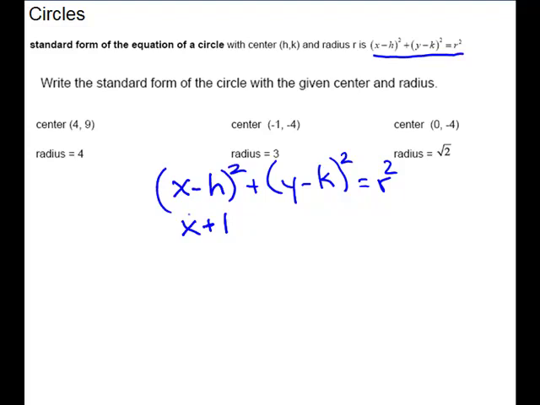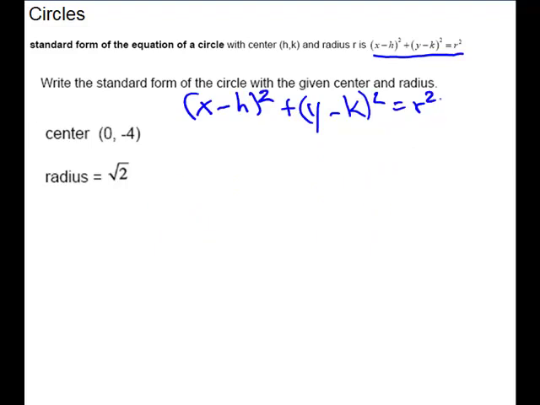So that would be minus a -1. And for our y, this would be plus 4, which is minus a -4. And to square our r, 3 squared would be 9. So this is our standard form of the equation for our second set of information.